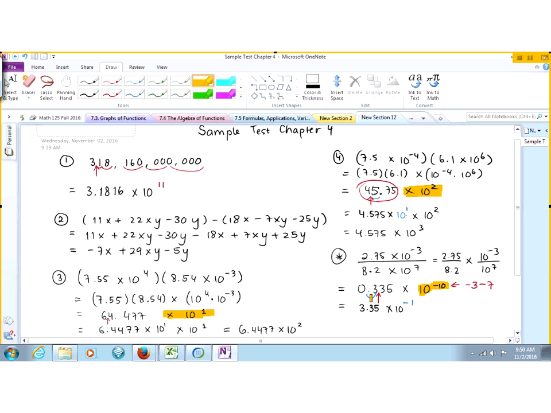And then I need to copy this still, right? So is this okay? You see the difference between these and the other two problems we did? Times 10 to the negative 10. So now, what is this equal to? 3.35 times 10 to the negative 11.